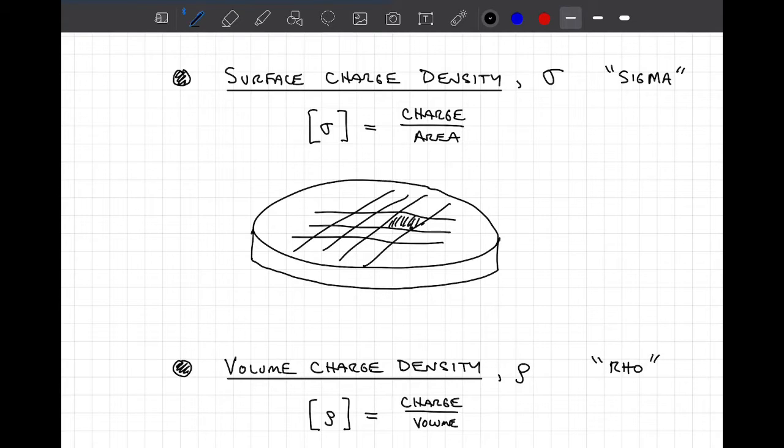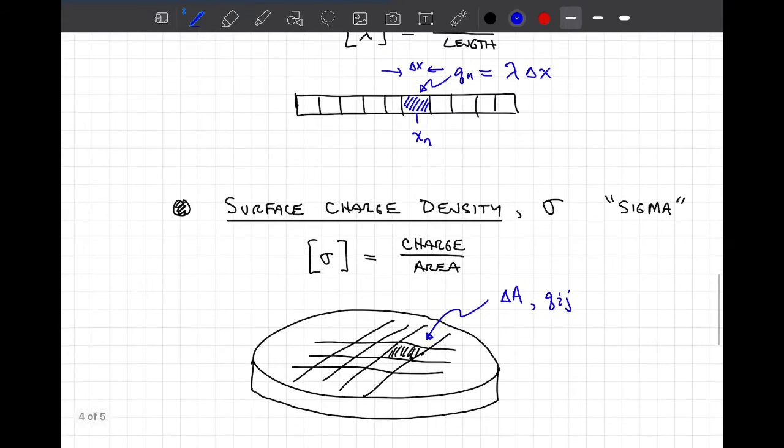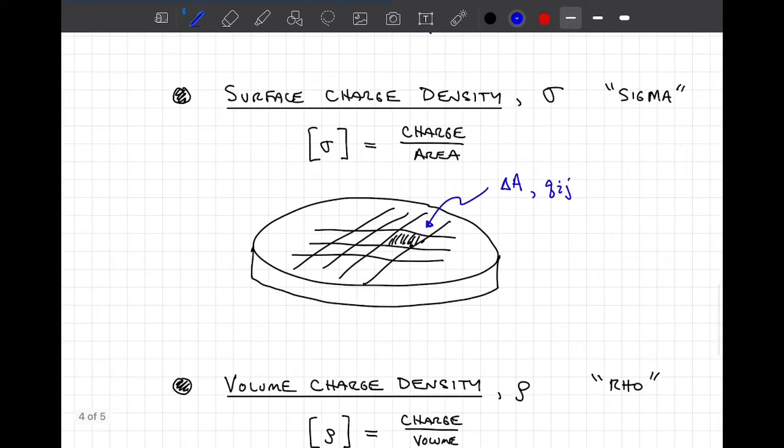So we might have here a delta A, some area chunk there, and delta A will have a q sub ij, for example, meaning that you'll need two integers to identify which of these chunks you're talking about, instead of one in the one-dimensional case.